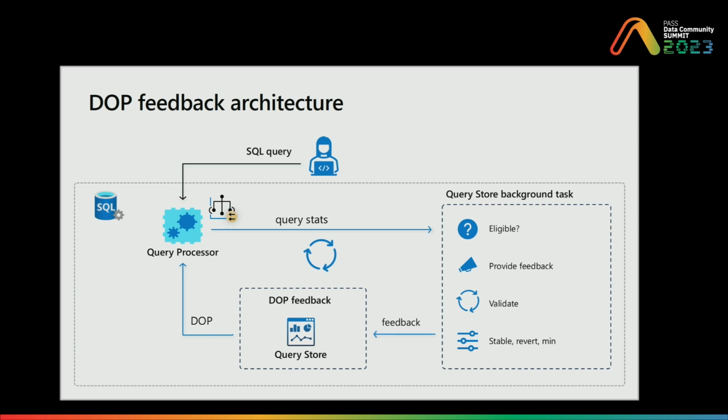Once a query is eligible, and I'll show you that in a demo, in a staircase fashion we lower the DOP, we try the execution, we monitor two things, the execution of the query and the CPU, and once we reach that stable level, we store that in query store, and next time the query executes, it uses the updated DOP value from the query store. Because we persist it there, it survives restarts and failovers and all those things.